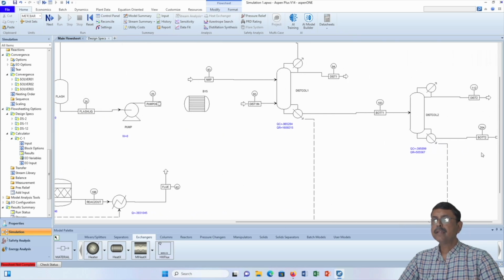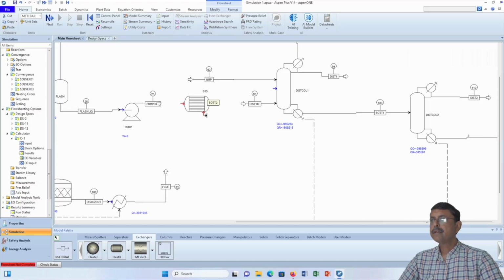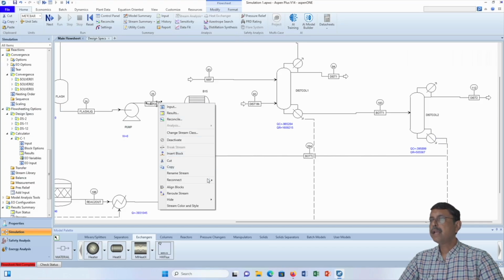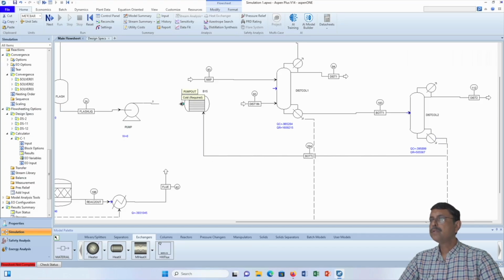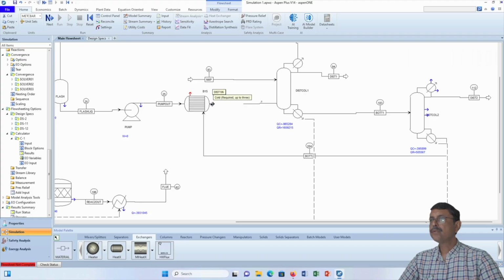Similarly, the bottom stream, we can connect with this. This is the hot fluid. Okay. This one will connect to the cold required, and this is the source.